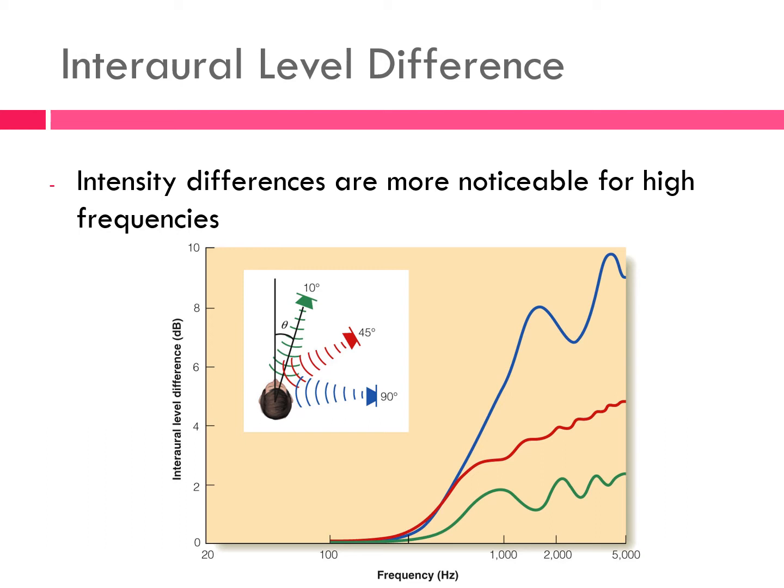And then you can see that as we move 10 degrees over to the right, 45 degrees, 90 degrees, so absolutely over to our right ear, those intensity differences for the higher frequencies are getting greater and greater, which we take in and calculate in our brain to say this is coming absolutely to our right versus 45 degrees to our right, and so forth.